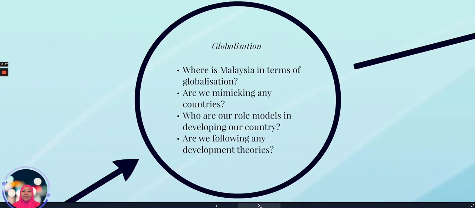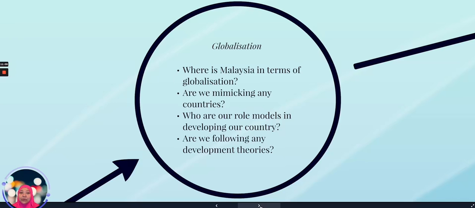Moving on, when you talk about the trends in development theory, here comes the term globalization. Now, where is Malaysia in terms of globalization? Where are we? Are we a global citizen now, or are we still Malaysian? Are we following or mimicking any countries?